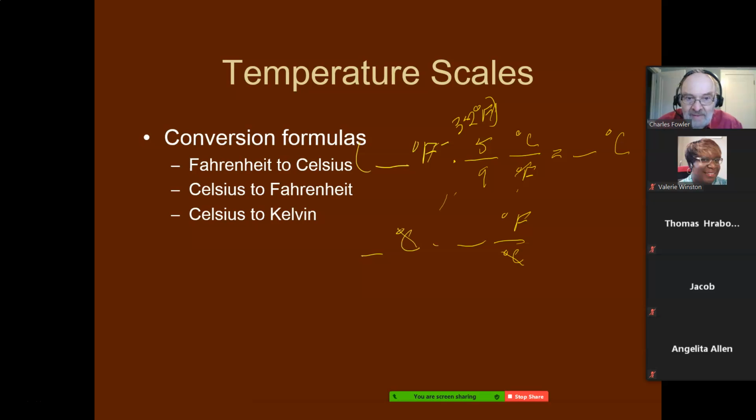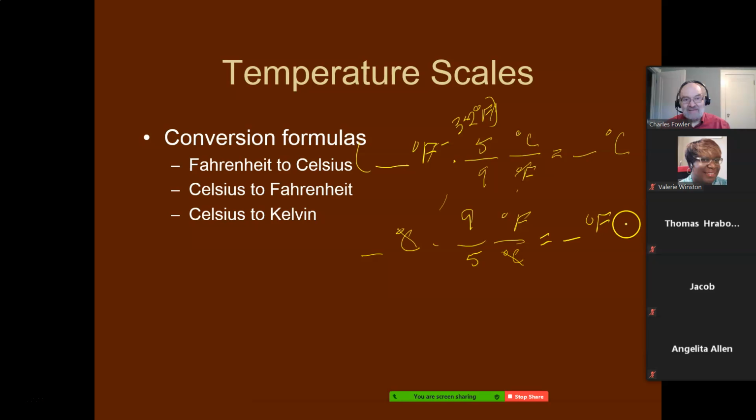Okay, now what this gives you is how many degrees above the freezing point of water, and you divide by that ratio: 5 degrees Celsius for every 9 degrees Fahrenheit. So what this gives you is how many Fahrenheit degrees you are above the freezing point of water.